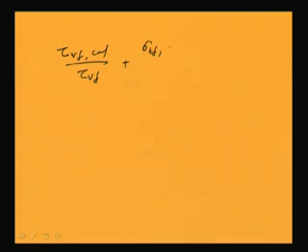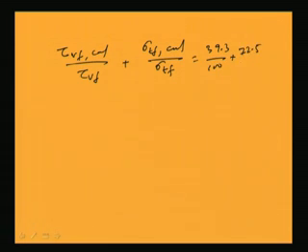So, in this way I can find out the total value, tau Vf calculated by tau Vf plus sigma Tf calculated by sigma Tf is equal to 39.3 by 100 plus 72.5 by 100.